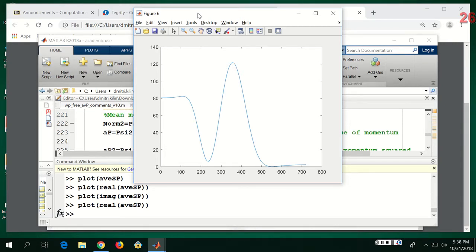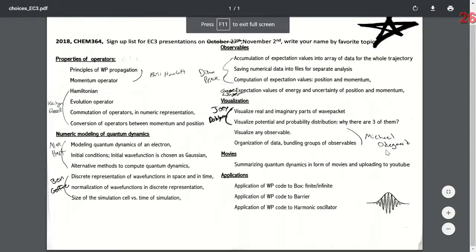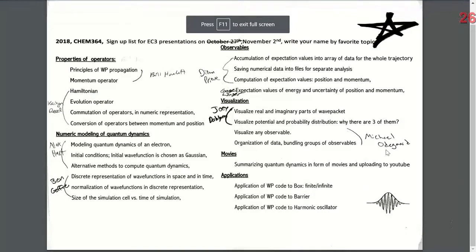Probably the project. So we are done with the part that will be presented by Dion and Gage.